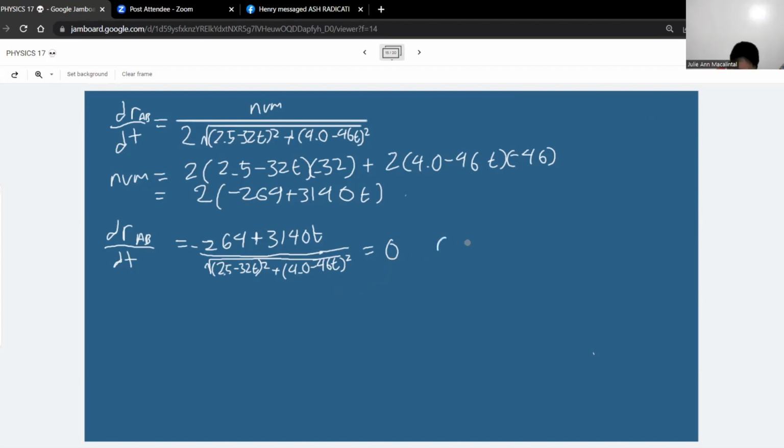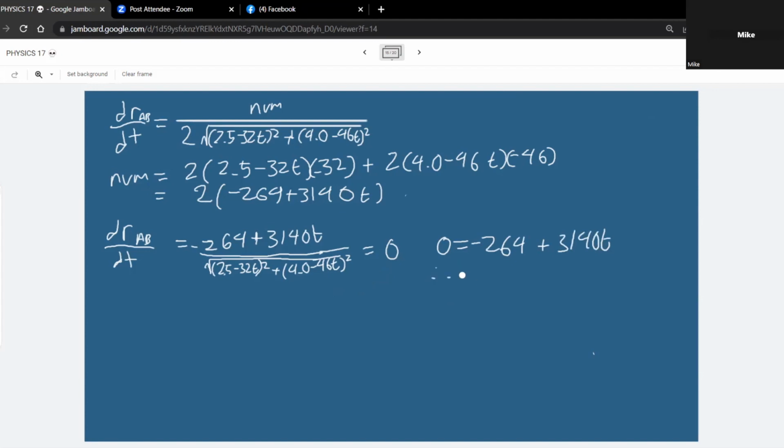So therefore, 0 is equal to divided by 3. So 0.0841.